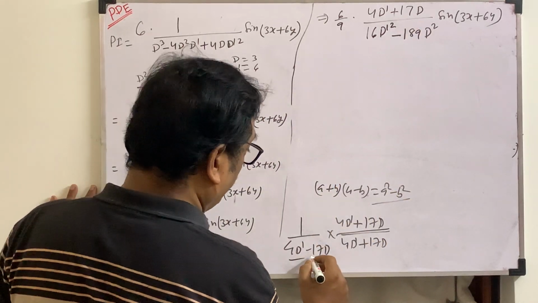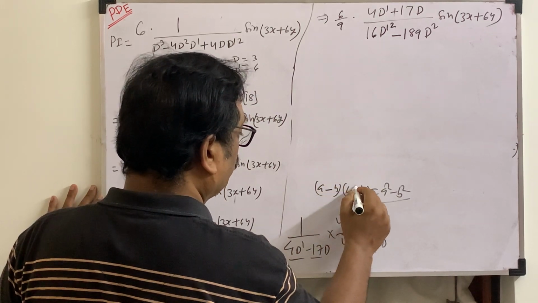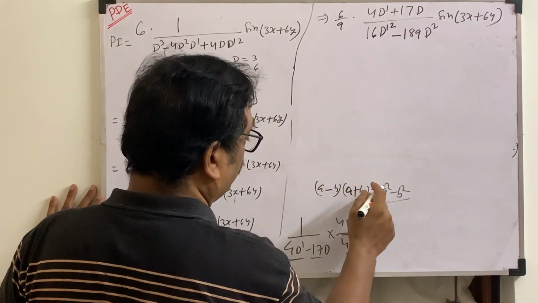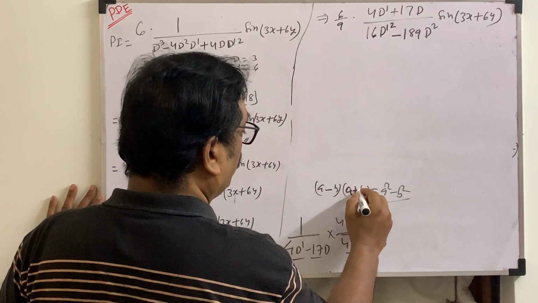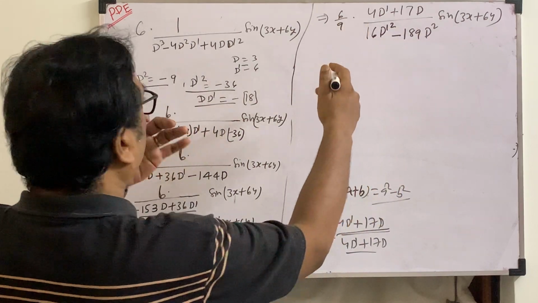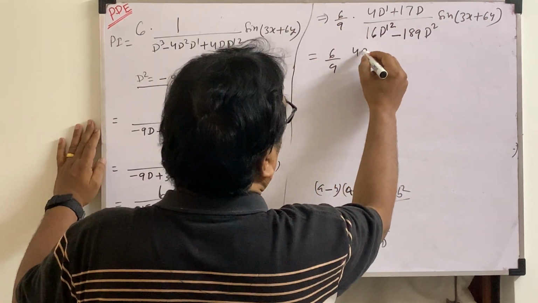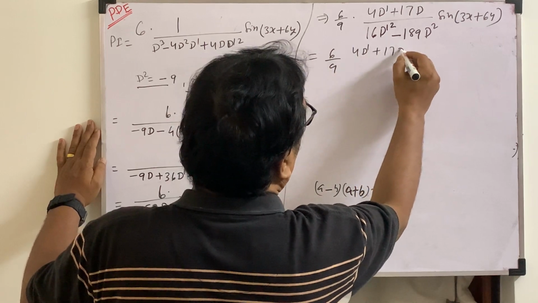So this is a minus b, a plus b. No problem, either side it can be there. So a plus b, a minus b is a square minus b square. That we write. Now again substitute the same thing here. 4d dash as it is, 17d.